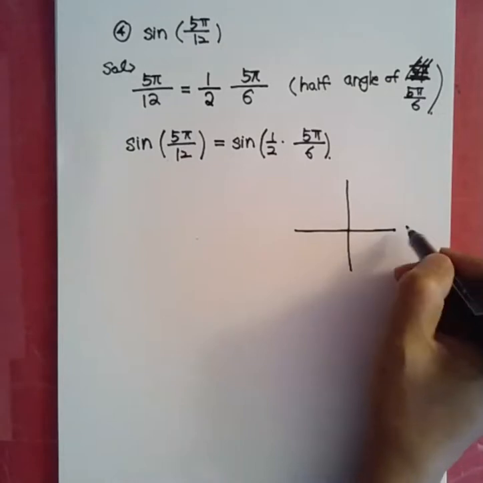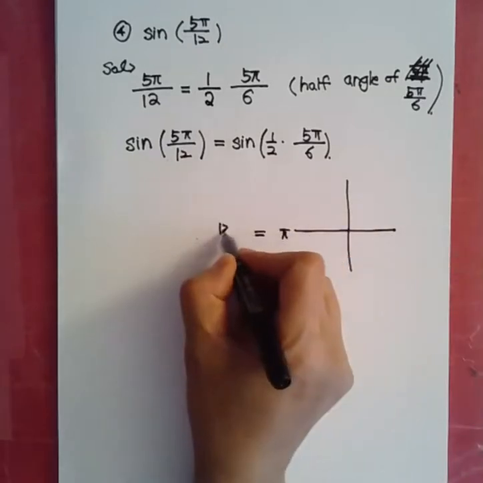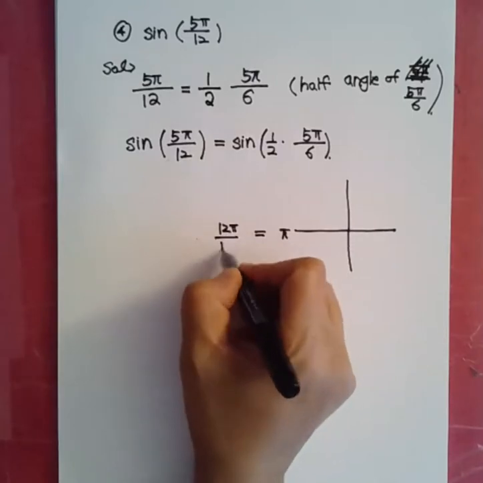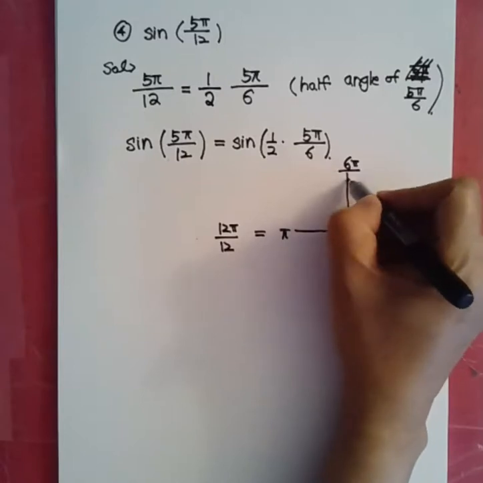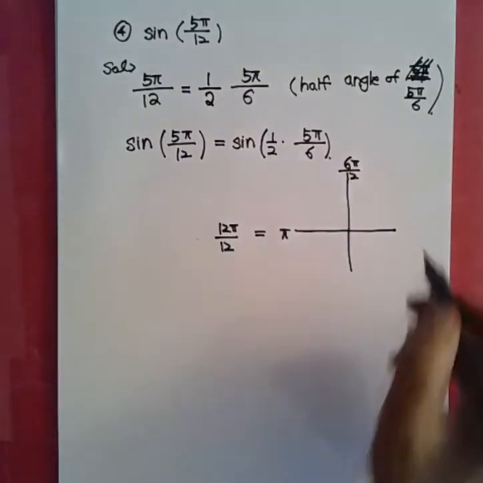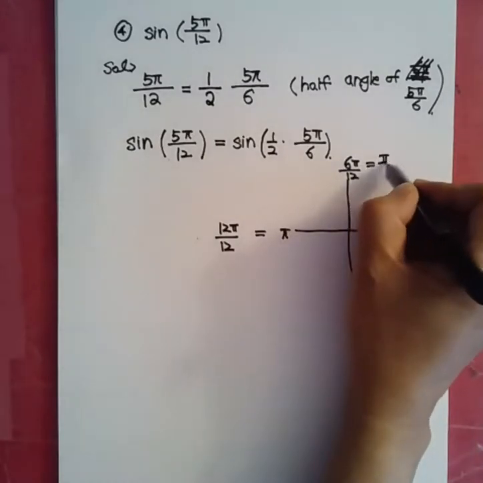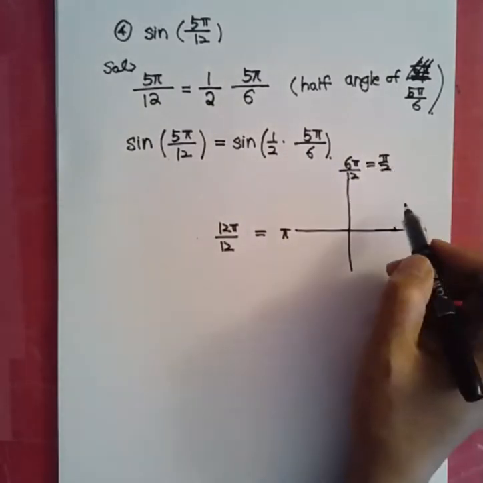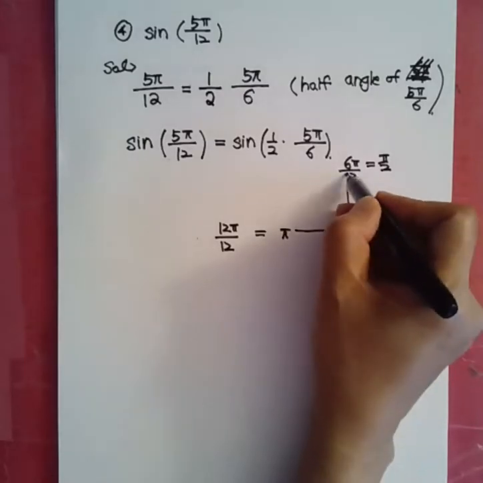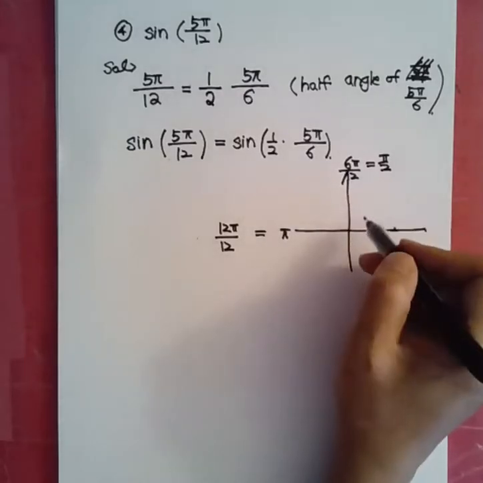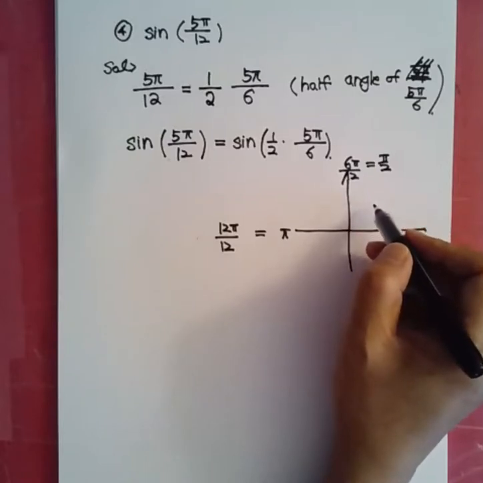So this is 0, this is pi, that is 12 pi over 12. Half of that is 6 pi over 12, that is pi over 2. The angle belongs to the first quadrant.